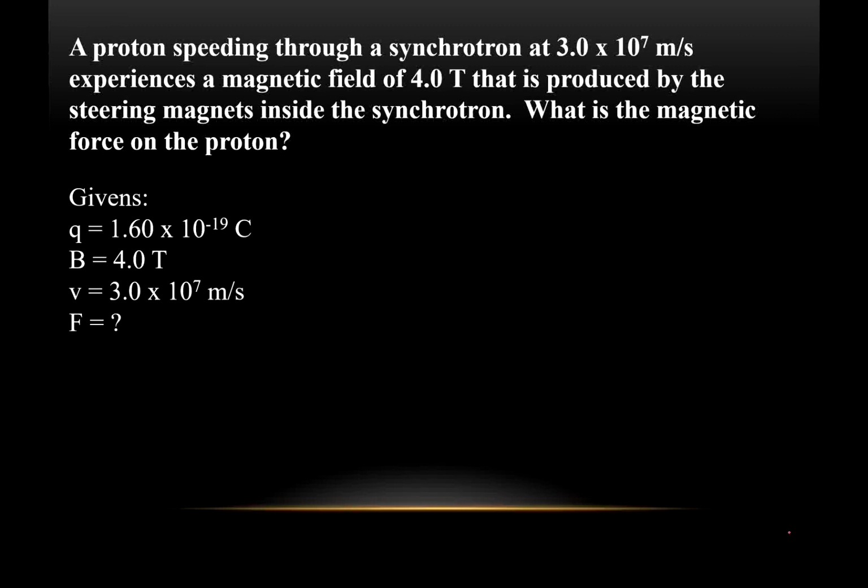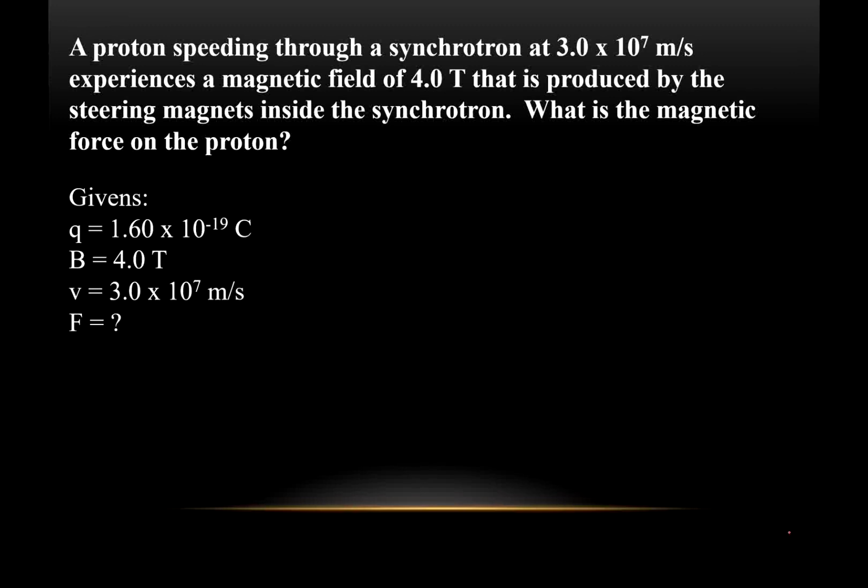I'm also then told that I just have a charge. I'm not told what that charge is. If it's just a single charge, remember, protons and electrons have the same charge, so we can just put in the charge of a single proton or a single electron. Remember, we're not going to put in the plus or minus for this. We just put in the value of the charge, which is on the back of your formula sheet.